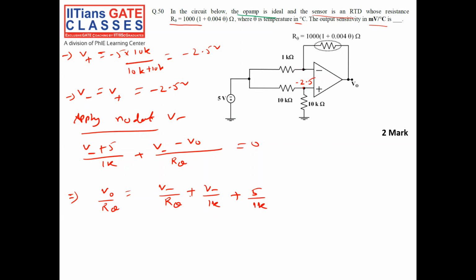So now V0 is equal to R theta into V negative, so V negative into R theta by R theta, which is V negative, plus V negative by 1k into R theta.